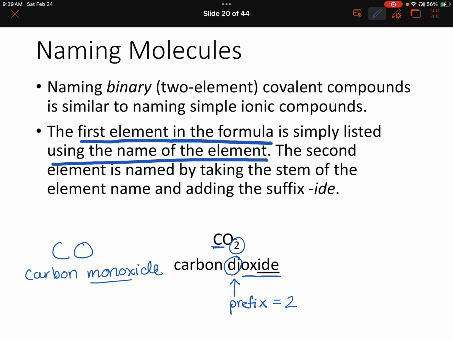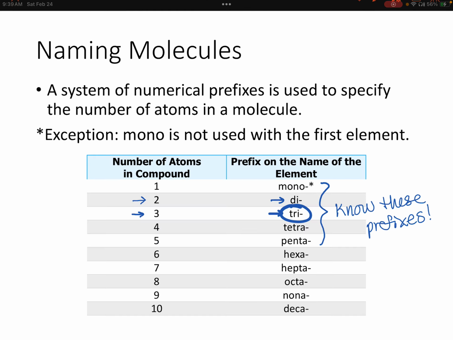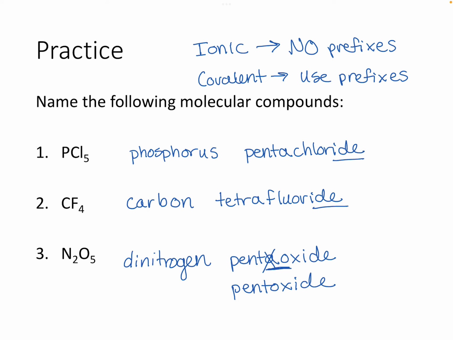And that's why we have carbon monoxide detectors, or we should have them, in each of our homes or residences. But carbon dioxide is perfectly safe, right? So it's important to indicate how many of each oxygen you have, or else you could be telling someone the wrong thing, and that could be dangerous. So with covalent compounds, we do need those prefixes, but ionic compounds, we don't need them because the charges are going to tell us how many of each ion we need.